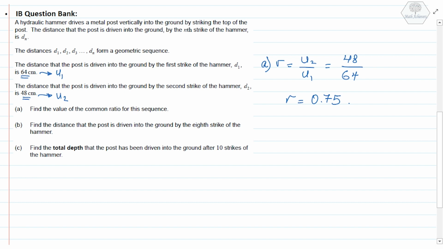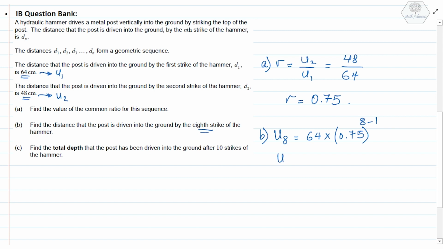For part B, we need to find the distance that the post is driven into the ground by the 8th strike. So I need to find the value of U8, the 8th term. So this is equal to U1, which is the first term, I have U1 to be 64, times the common ratio, which is 0.75, to the power of n minus 1, which is 8 minus 1.